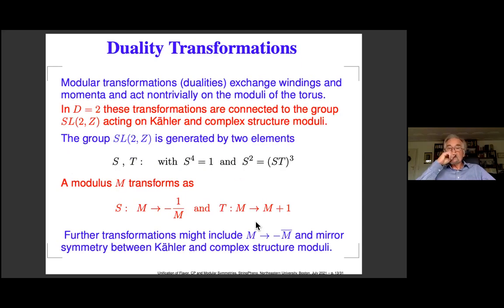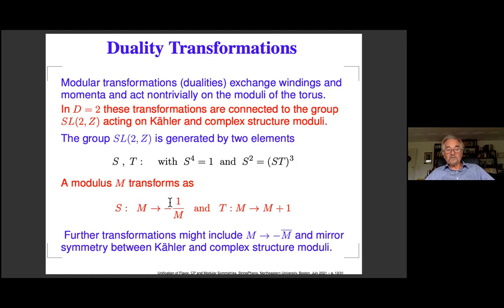So now let's generalize to 2 dimensions, where we have the modular transformations of SL(2,Z), the Möbius transformations. Of course, they are acting on the Kähler and the complex structure moduli of the torus. The group SL(2,Z) is generated by the 2 elements S and T, with these properties, where S interchanges the modulus. So this is the T-duality transformation discussed earlier.